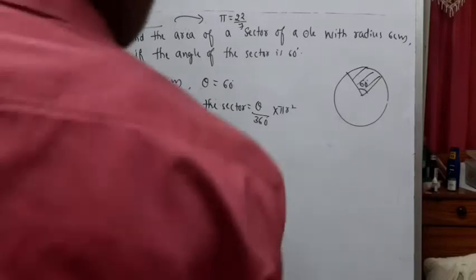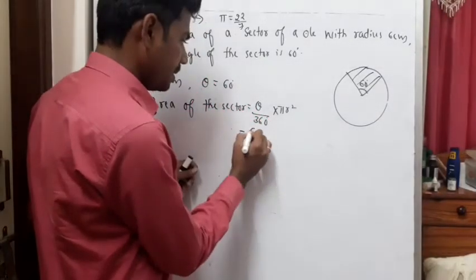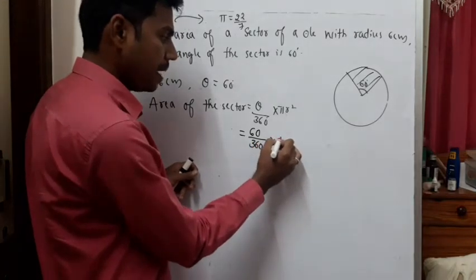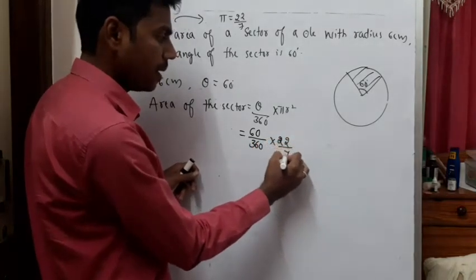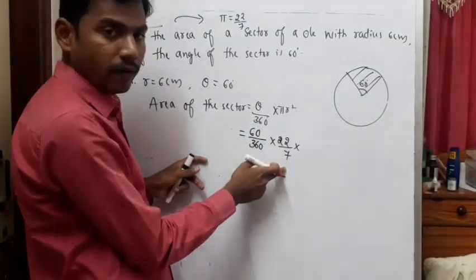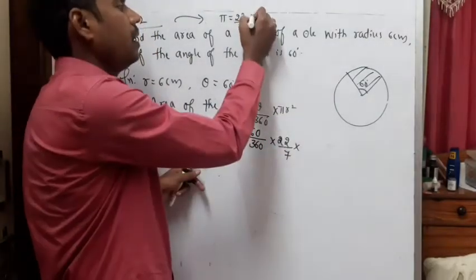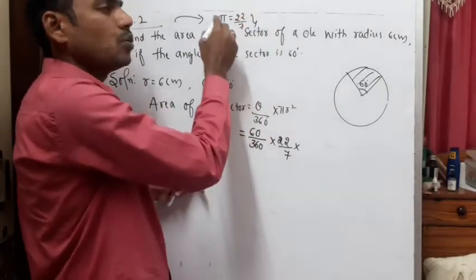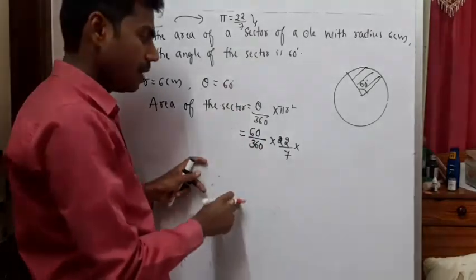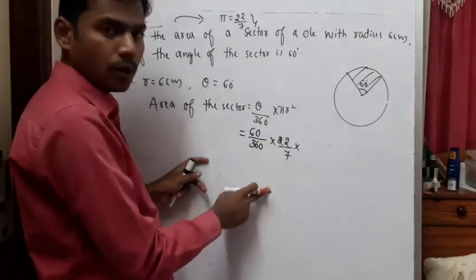Theta is 60 degree, so 60 divided by 360 into pi. In place of pi, we can write 22 by 7. At the beginning of the exercise, they have given, assume pi is equal to 22 by 7 unless stated. They have not stated anything, that is the reason I am considering pi is equal to 22 by 7.